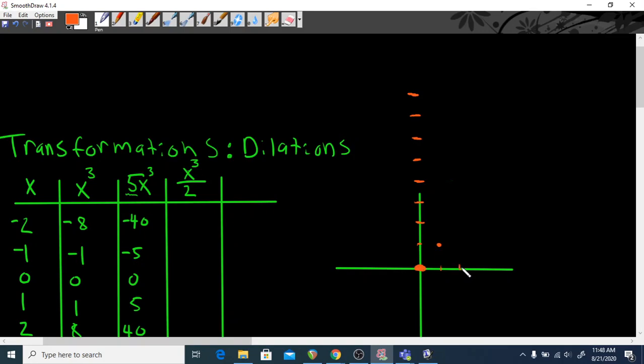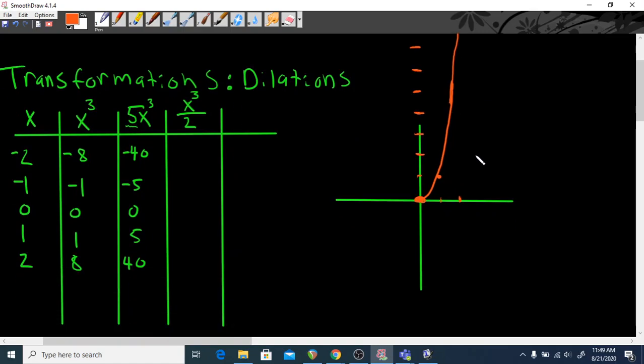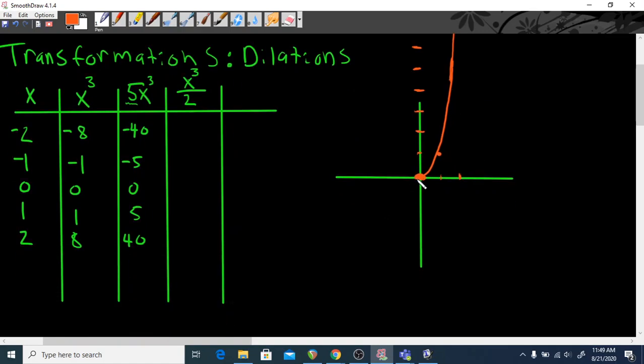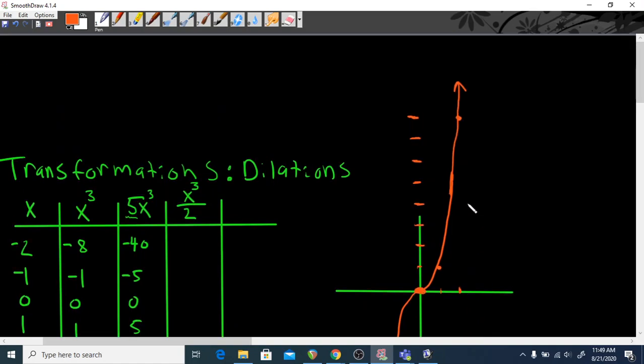So 2, 8. Okay, and imagine this is mirrored on the other side. Yeah, so again, imagine it's kind of like that. We're going to be looking more at this portion than the bottom portion.